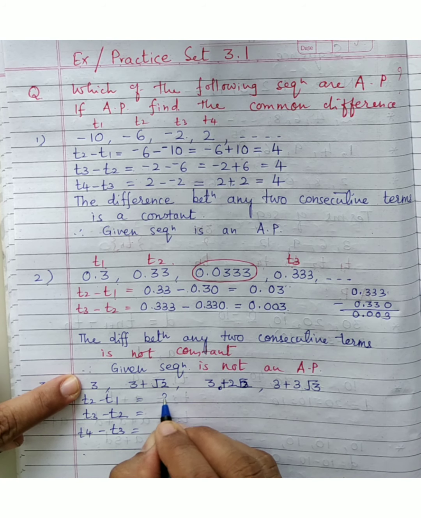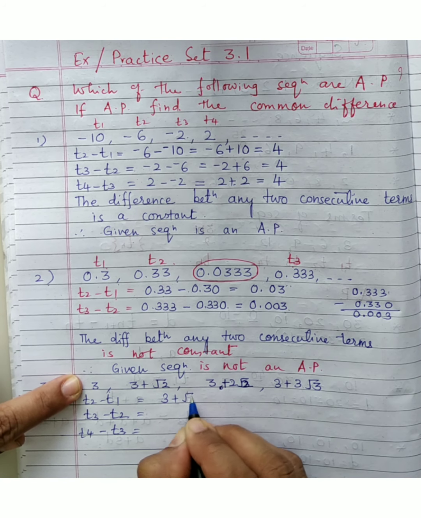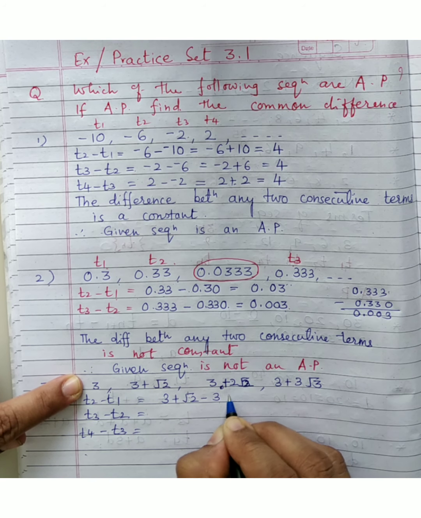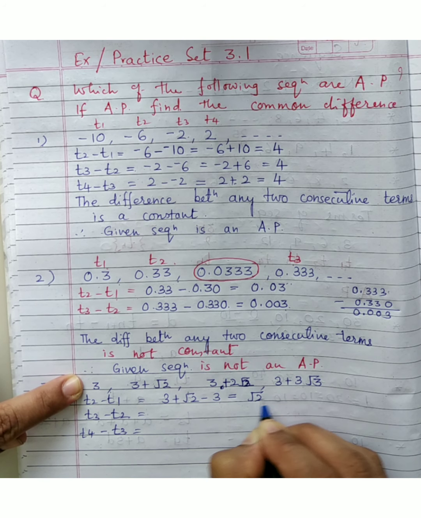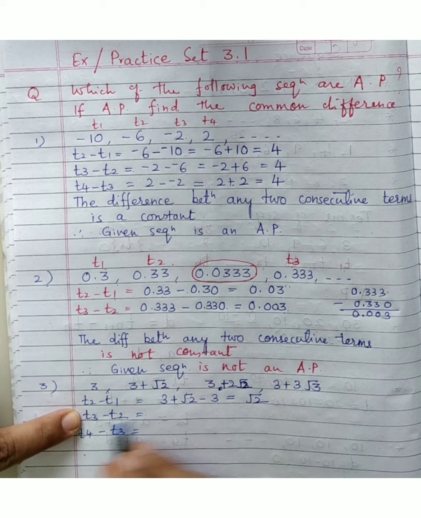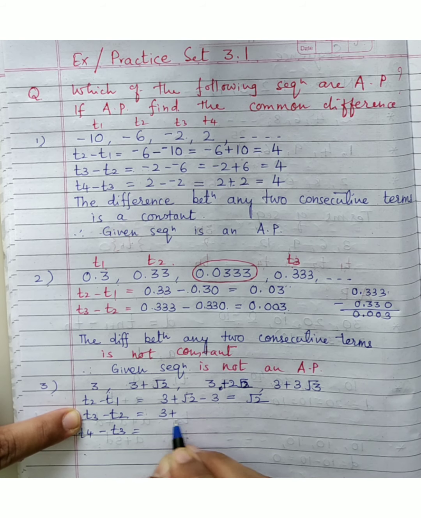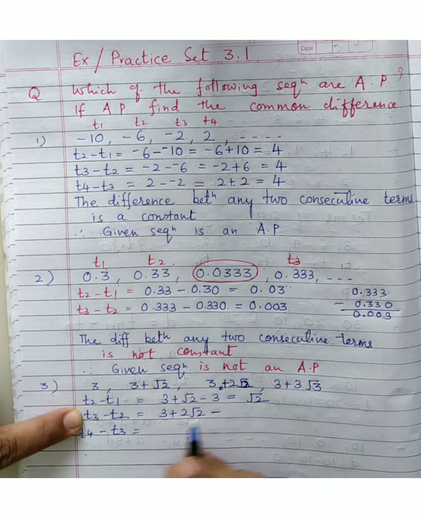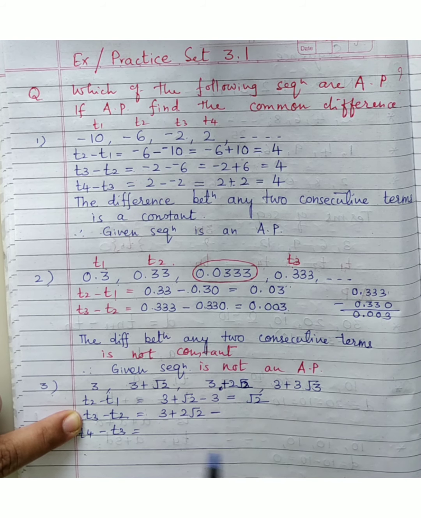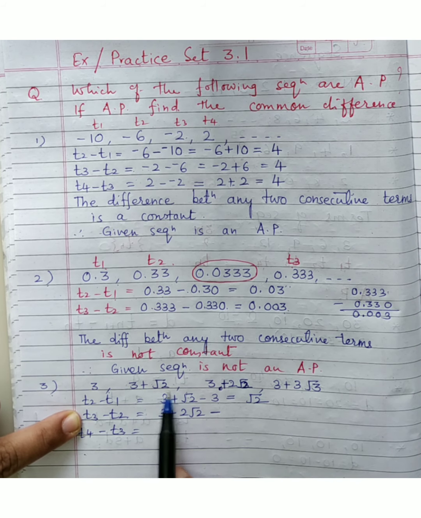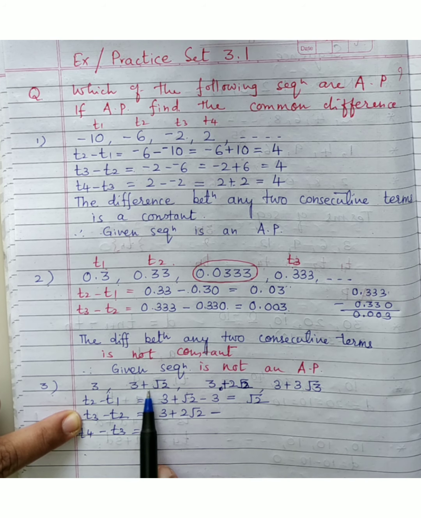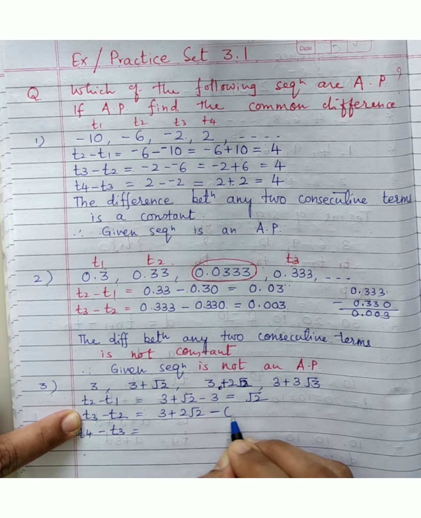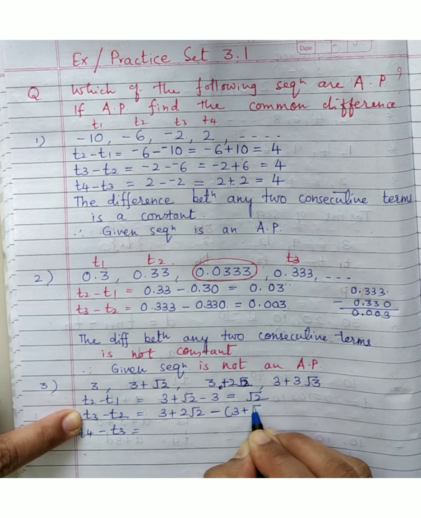T2, 3 plus root 2 minus T1, 3. What is the difference? Root 2. T3, 3 plus 2 root 2 minus, now why I have taken this example, you are subtracting a binomial, 3 plus root 2, so immediately put a bracket and you will avoid all mistakes.